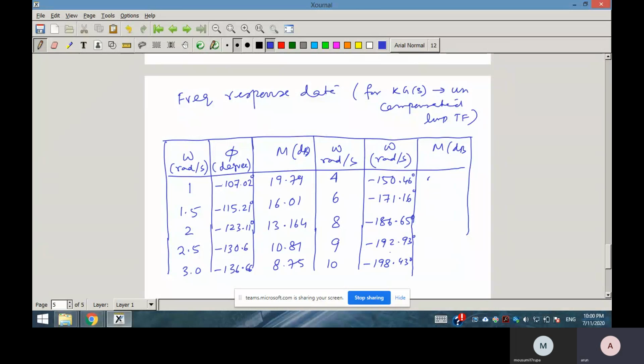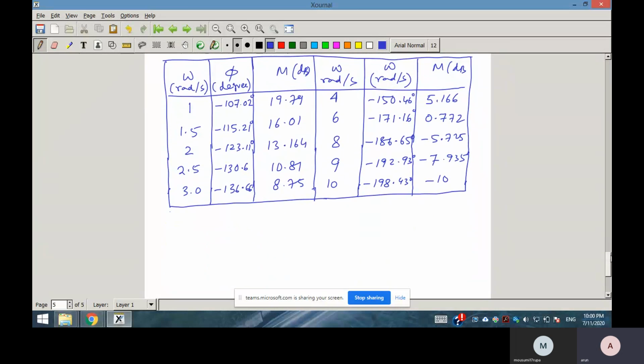And the gains are 5.166, then 772 minus 5.725, minus 7.935, and minus 10. So these are the frequency response data for the uncompensated system, the uncompensated gain phase. Now, how will you choose which frequency?